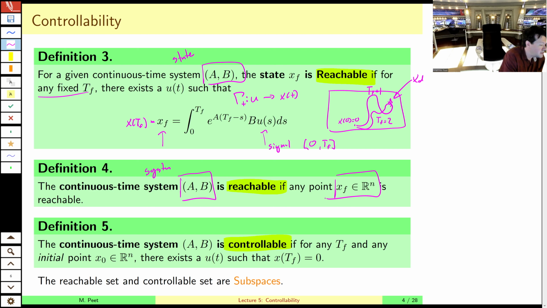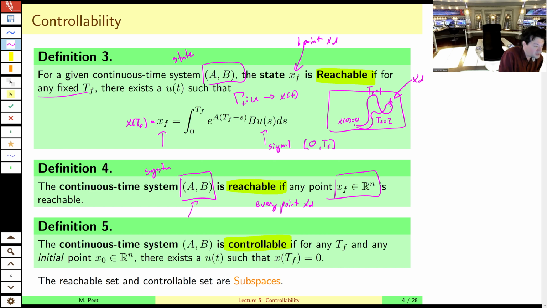So this is reachability of one point, any individual point, and this is reachability of every point, call it xd for desired. Okay, so there's two notions of reachability: one of a particular state and one for every state. So this is more of a property of the system, less like that of individual states being reachable or not.